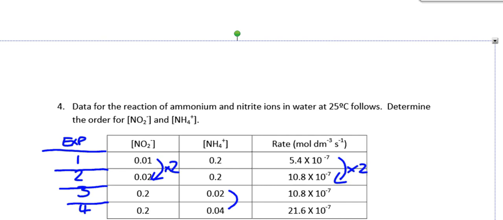If you times 0.02 by 2, you get 0.04. So we've got an increase by times 2 here. Again, working out the increase here, 21.6 divided by 10.8 should give you 2. So we've got an increase again of times 2.